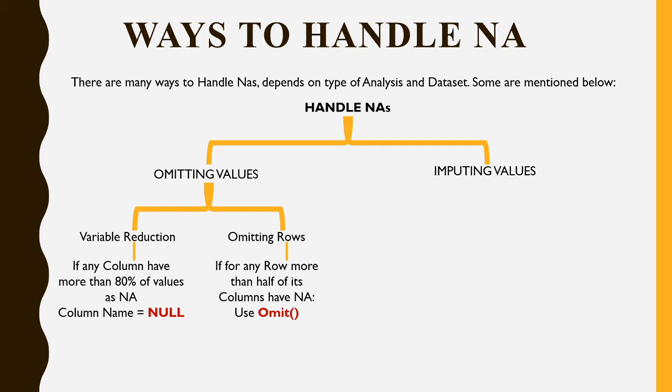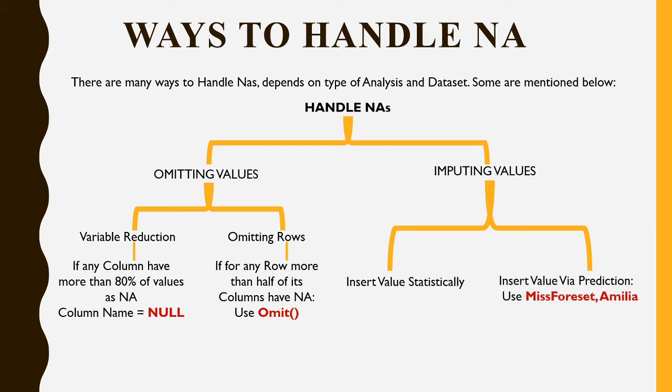The other method is about imputing the values, that is, how we can insert values in place of NA. For imputing the NA values, there are two methods. One is to insert values statistically, that is, we will be inserting values using some statistical functions. The other method is to insert values using prediction, that is, we will be predicting the value, which may not be the exact value but will be similar to it, and then we will be inserting that value in place of NA.